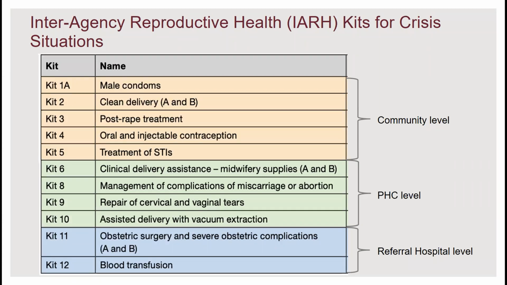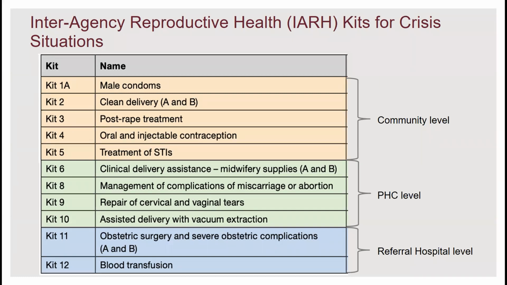As with some of the other kits, this is actually a set of kits with different modules, each of which is for a specific service. For example, Kit 2, the Clean Delivery Kit, there is a Module A, which has products to treat the client, and Module B that has the products that the service provider needs to do the treatment or provide the service.